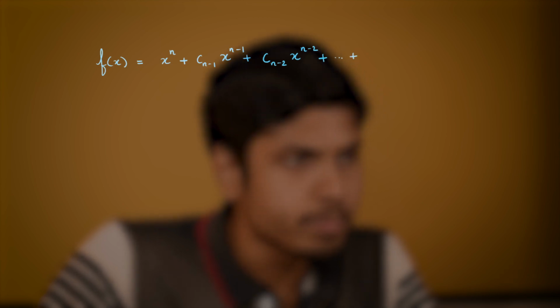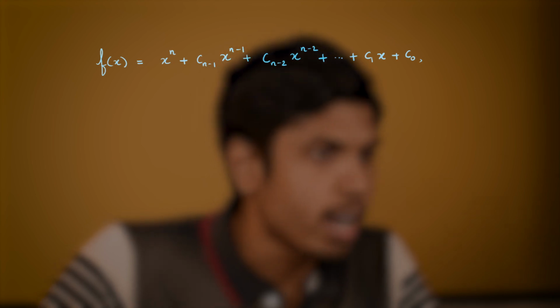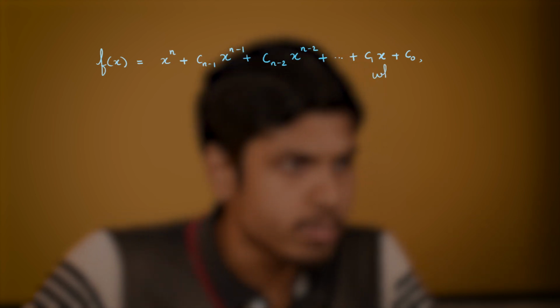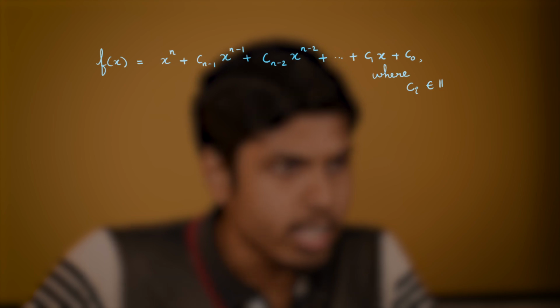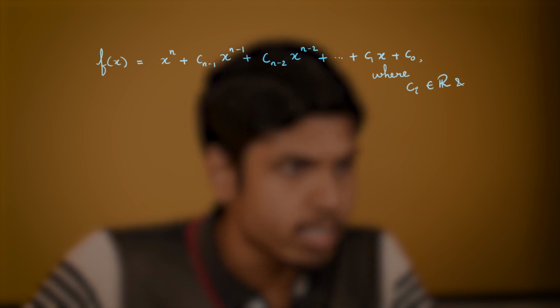f(x) equal to x^n plus c_{n-1} x^{n-1} plus c_{n-2} x^{n-2} all the way till c_1 x plus c_0, but with the conditions that all the c_i are real and mod of c_i equals 1.